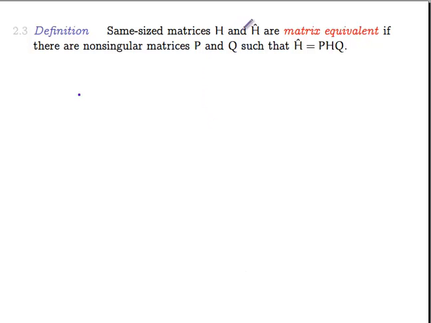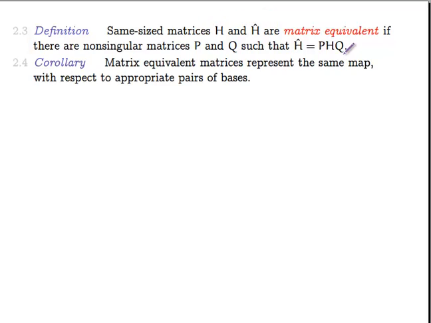If we have two matrices that are the same size, they don't have to be square, as long as they're the same size, we say they're matrix equivalent if there are non-singular matrices P and Q such that H hat is obtained from H by multiplying on the left by P and on the right by Q. Now, matrix equivalent matrices represent the same map with respect to appropriate pairs of bases.